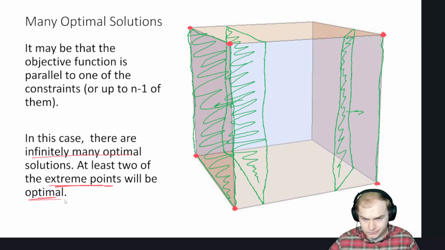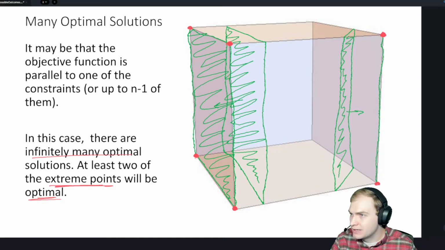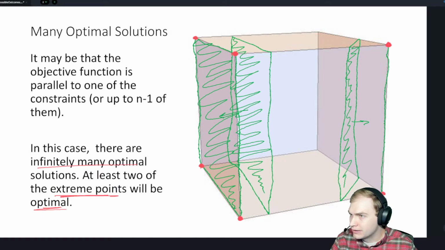So there is one case that I can think of that has infinitely many optimal solutions without having an extreme point. There's one case. Let's imagine, I'm going to duplicate this page real quick.